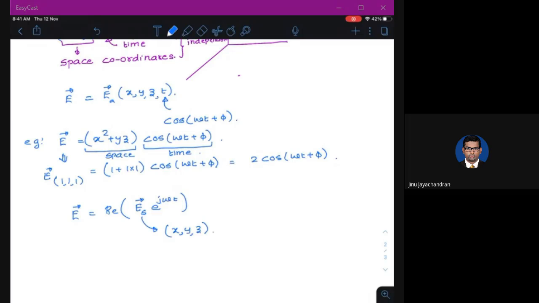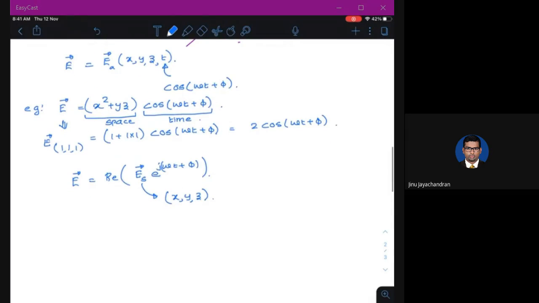Or to be more precise, this is e raised to j of omega t plus phi.